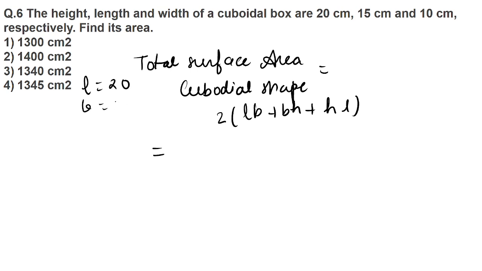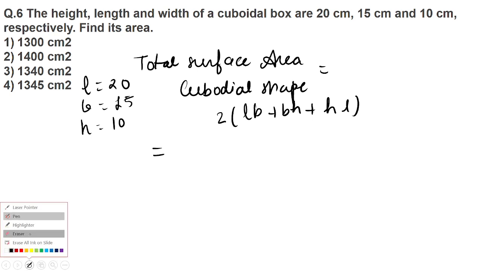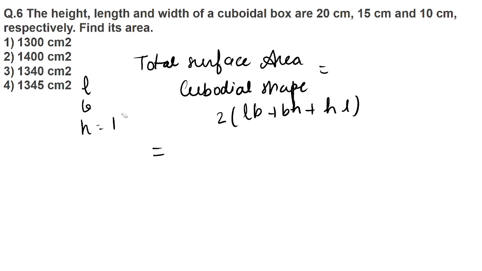Breadth is mentioned as 15 and the height as 10. Actually, I messed up with the values. One second. So length mentioned is how much? It is equal to 15, right? The width, that is breadth, is equal to 10 centimeter and the height is equal to 20 centimeter.